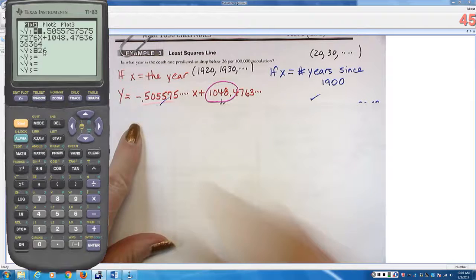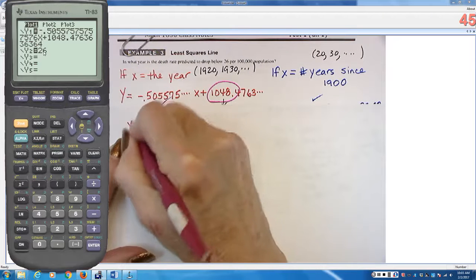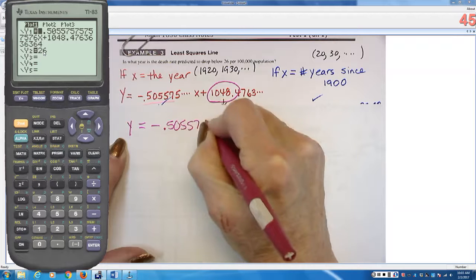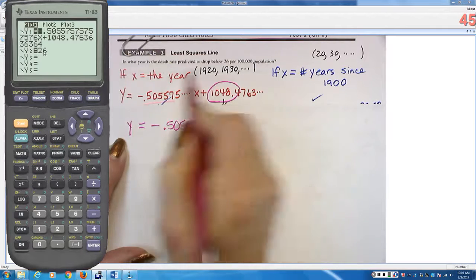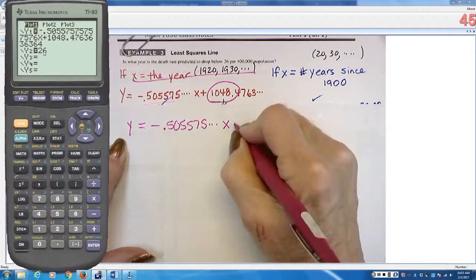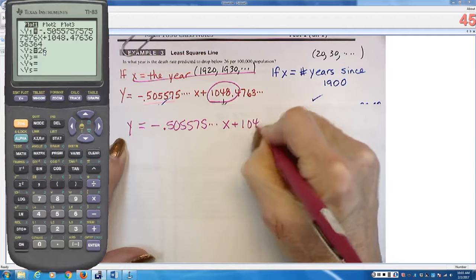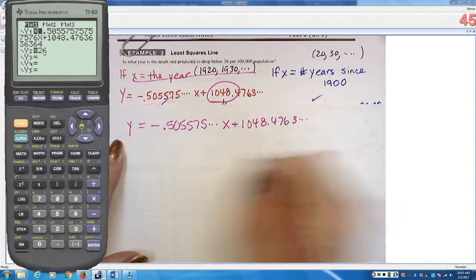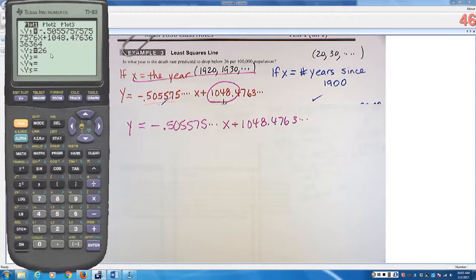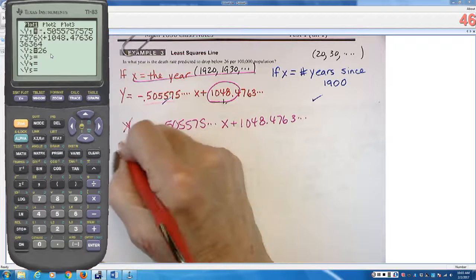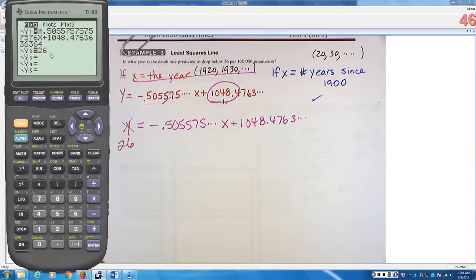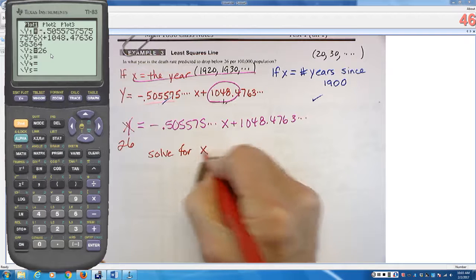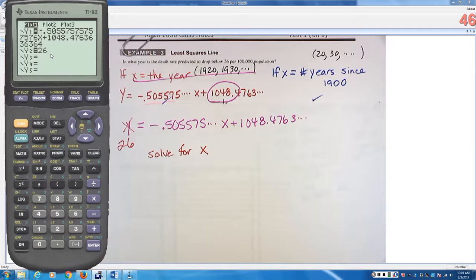If we're using this equation, which is the one where the years are the actual years, then what we're doing is we're setting that equation equal to 26 and solving for x using algebra, okay?